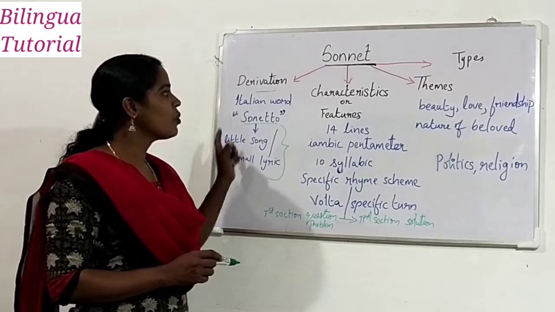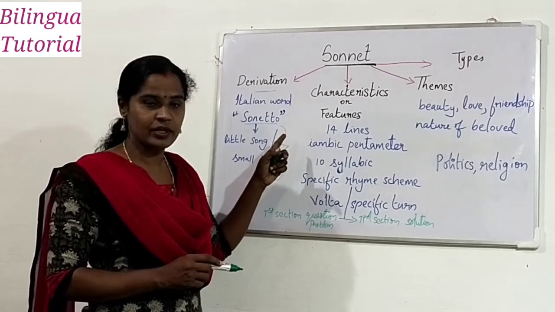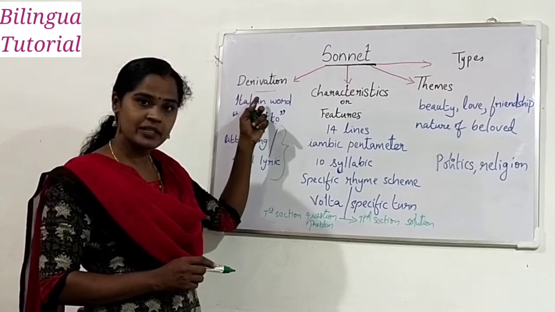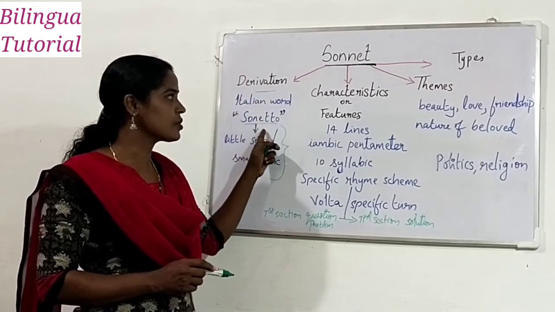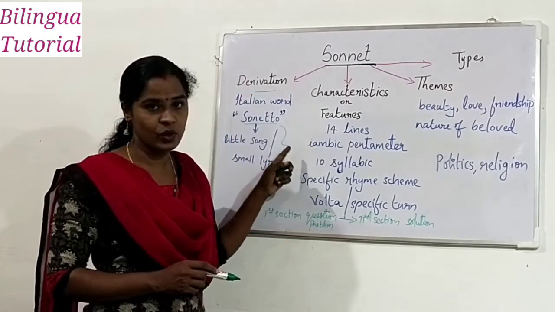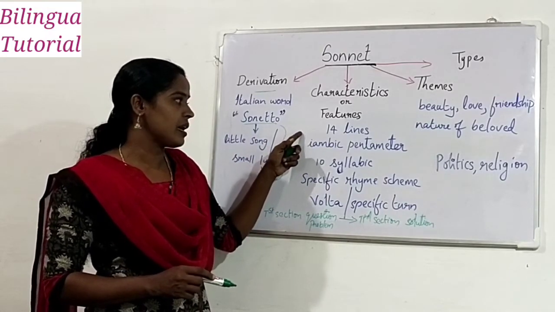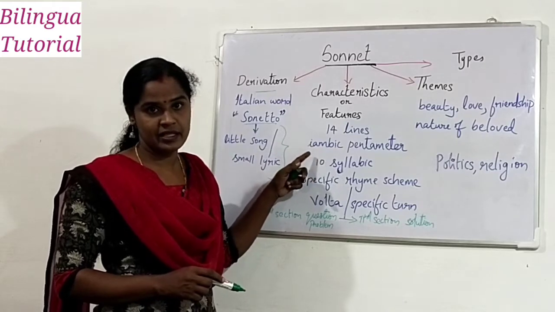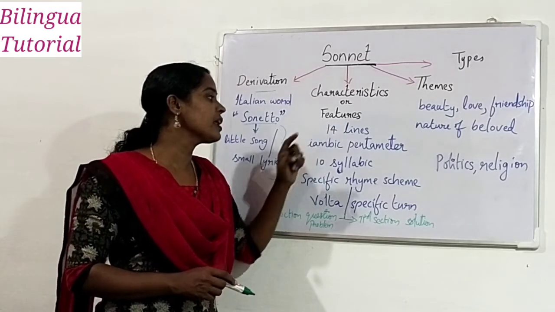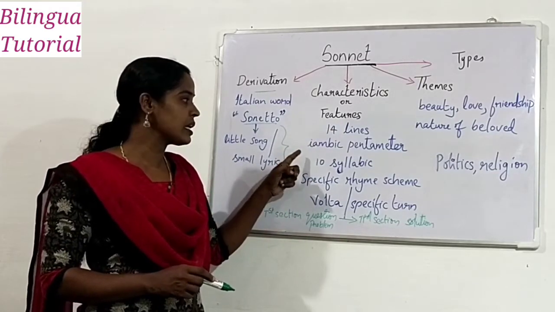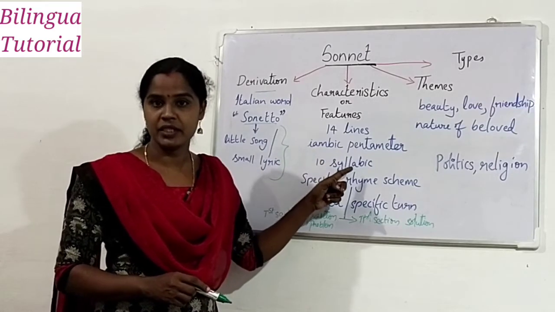Then we can move on to the characteristics of a sonnet. Derivation we have seen, it is derived from sonetto, and some of the characteristics or features of sonnet we can discuss. A sonnet has 14 lines. It is written in iambic pentameter.